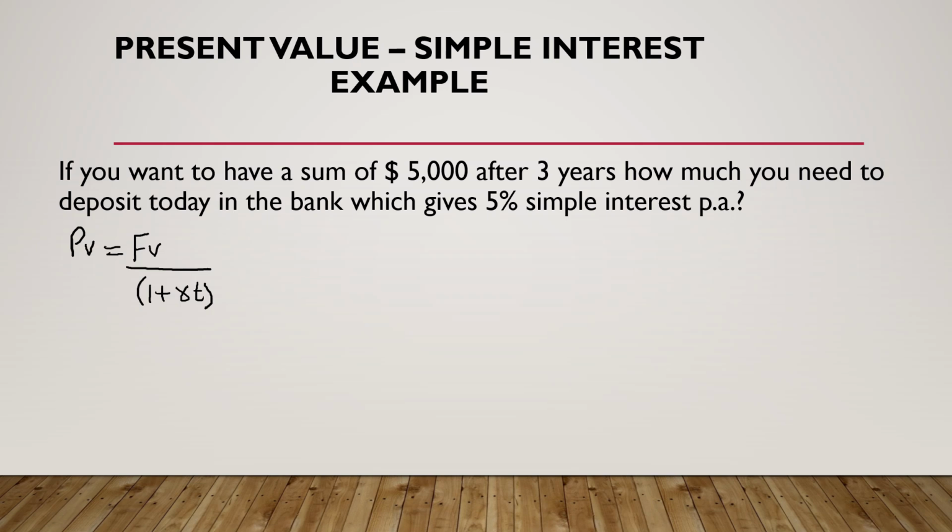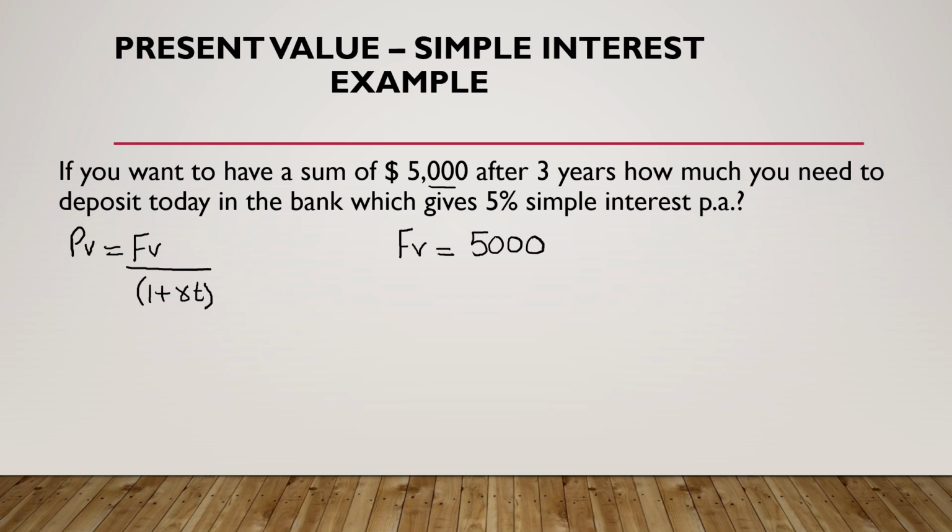Now we have written the formula. Based on the question, we will just write whatever information is provided. So first, what is my future value? I want $5,000 after 3 years. So this $5,000 is my future value.